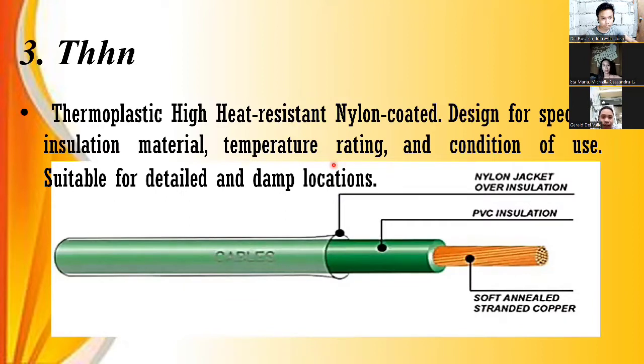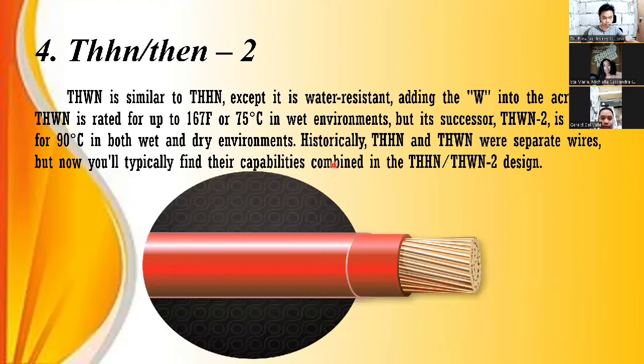3 is THHN or thermoplastic high heat resistant nylon coated, designed for specific insulation material, temperature rating, and condition of use. So ito yung example niya. Next. Number 4 is THWN, similar siya sa THHN except it is water resistant, adding the W into the acronym.